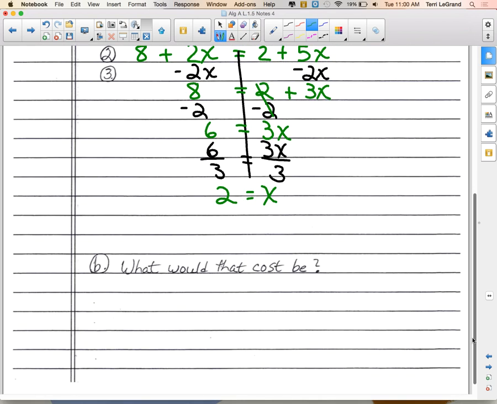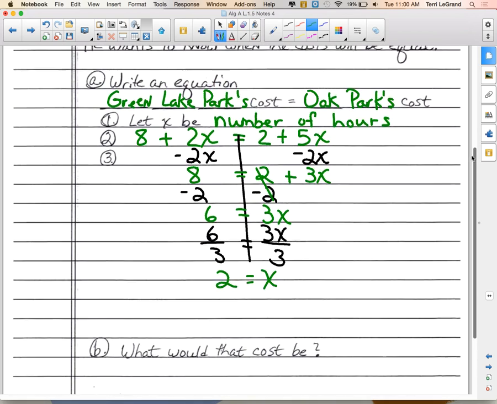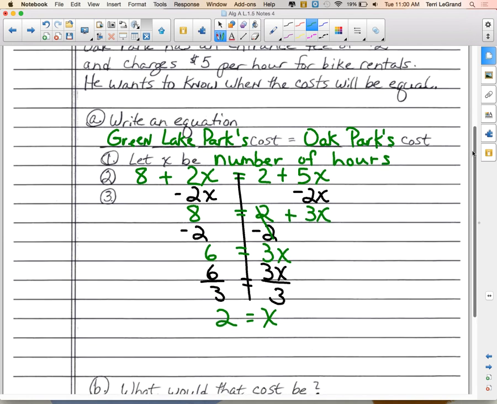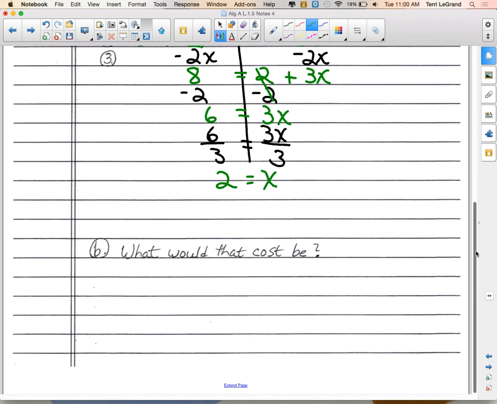So, the first question asked was this. He wants to know when the costs will be equal. So what sentence could we write here? The cost will be the same when? For 2 hours, not every 2 hours, right? I don't think it would be every 2 hours, because then for 4 hours we could check to see if it would be the same.